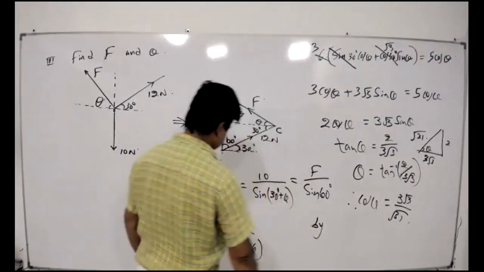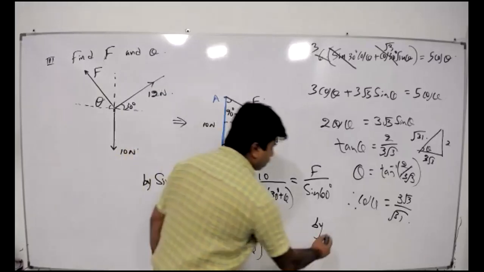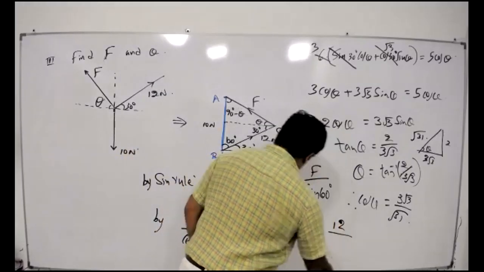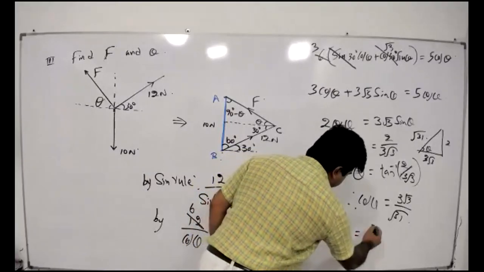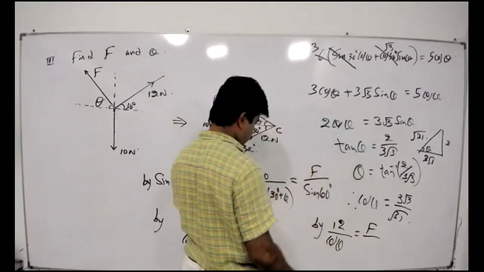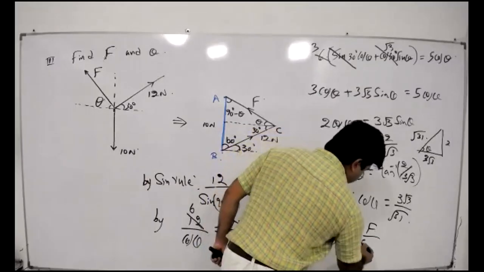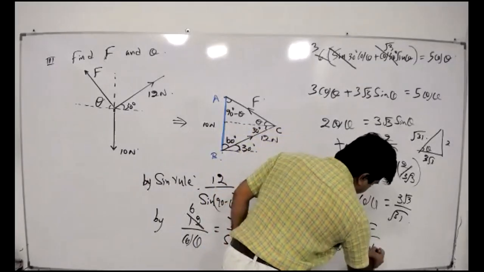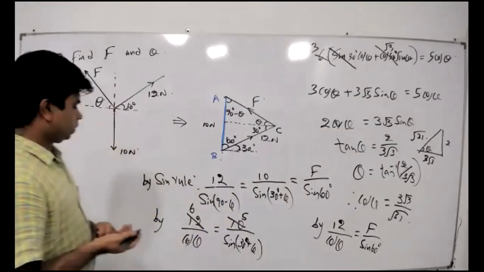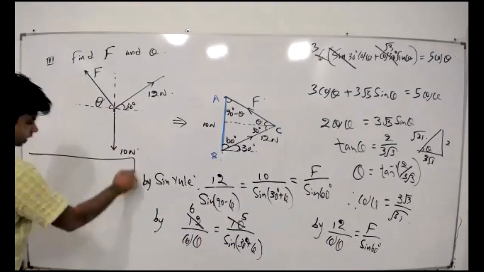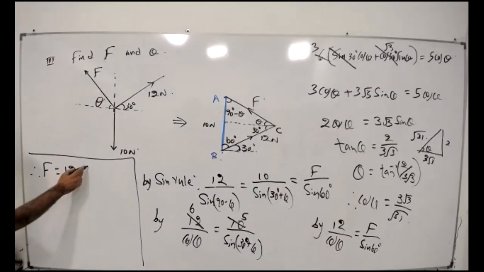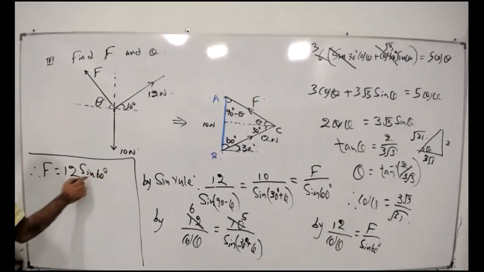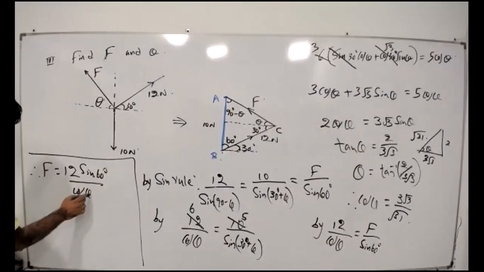Then 12 over cos theta equals F over sine 60, right? F over sine 60. I don't have space there, I will write here. Therefore F equals 12 sine 60 divided by cos theta.